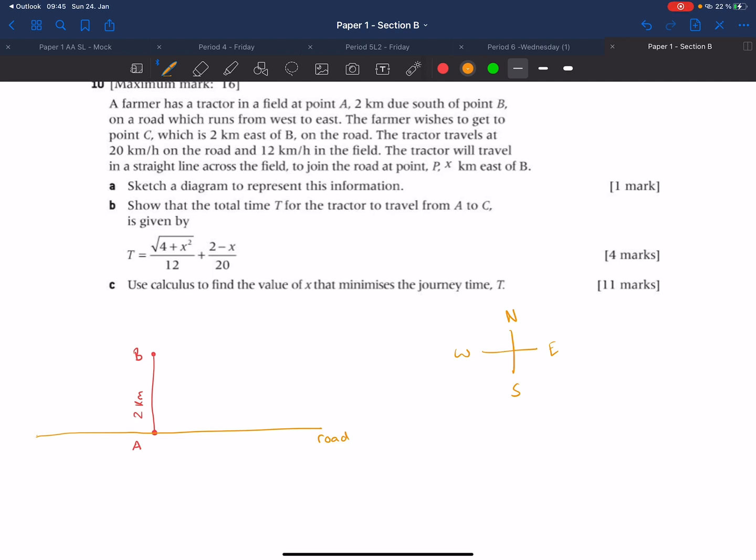There we go. So 2 kilometers east of B is C. That's also 2 kilometers. East of B. Oh wait, hang on a second. Which is 2 kilometers east of B on the road.